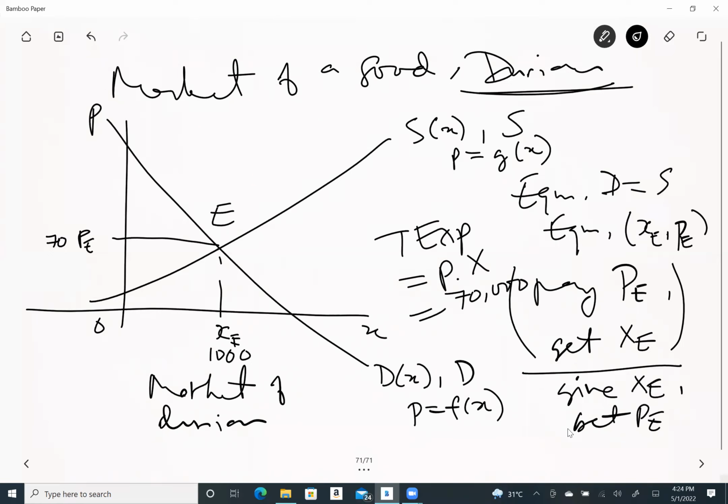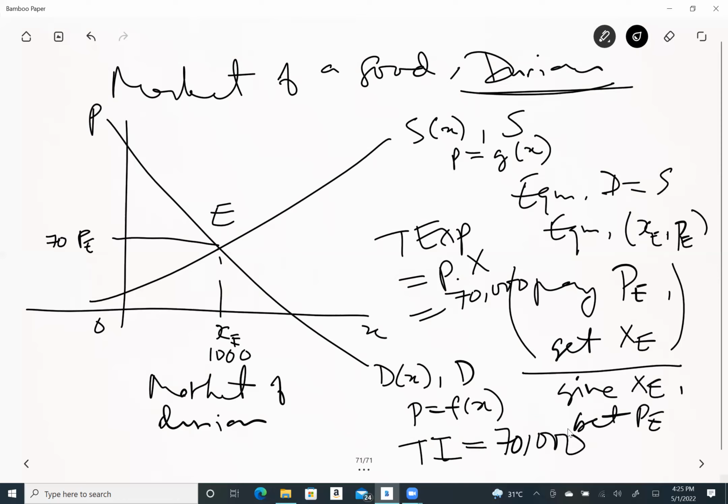Now, what is the income to the firms? How much does the firm get in terms of revenue? They sell at the price of 70 ringgit per unit, and they sell 1,000 durian. So how much do they get? 70,000. So the total expenditure from the consumers, us, will be equal to the total revenue to the firm, sama 70,000.